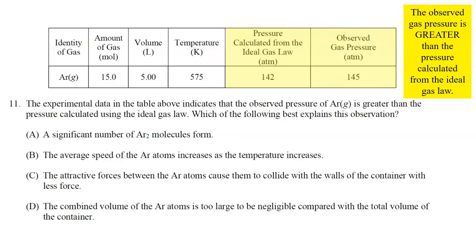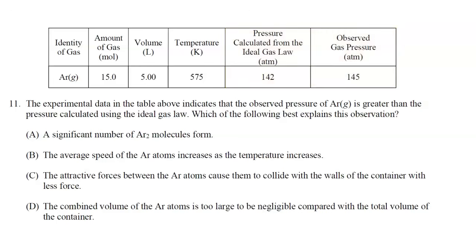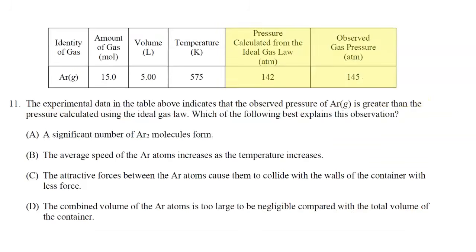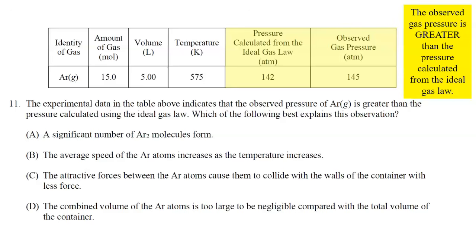So this is similar to question 10 in that it involves a deviation from ideal gas law behavior, but it's a deviation in the opposite direction. So in question 10, the observed gas pressure was less than the pressure calculated from the ideal gas law. And here in question 11, the observed gas pressure is actually greater than the pressure calculated from the ideal gas law.